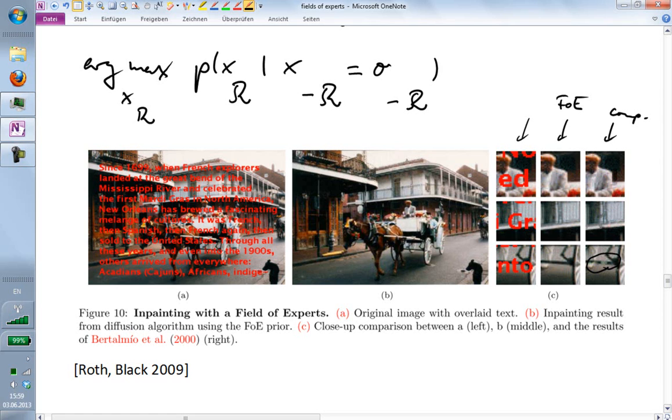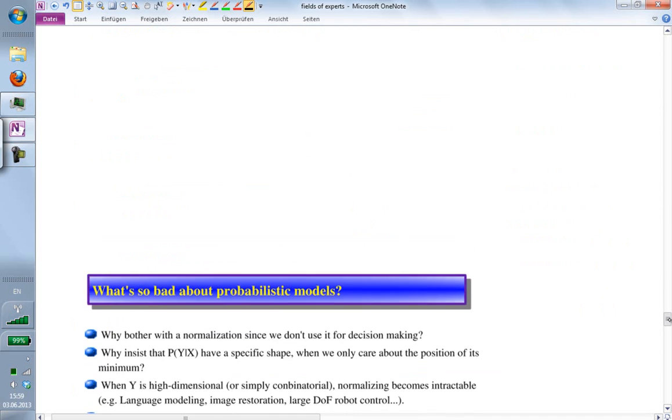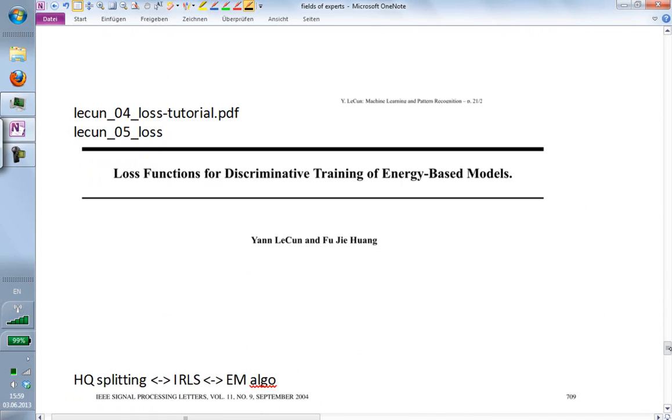Now the problem is non-convex, so optimization in this model is a lot harder than in Gaussian Markov random fields. You can either do something simple like gradient descent, or something more advanced like half quadratic splitting.